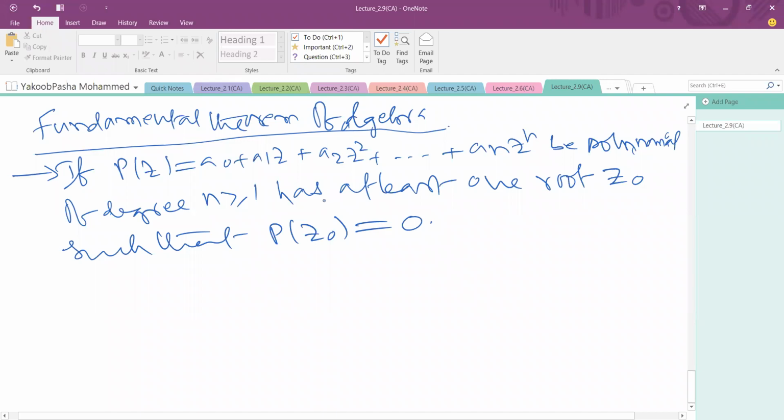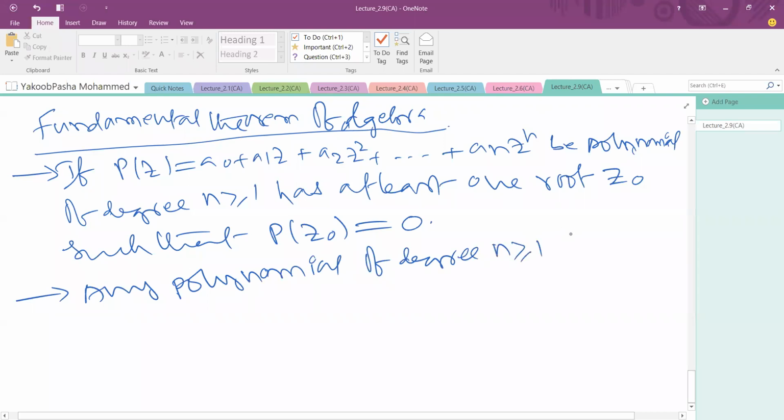Okay, so this statement is called the fundamental theorem of algebra. If we take a polynomial of degree n, it has exactly n zeros, there is no doubt. This is the application of the fundamental theorem of algebra. That means any polynomial of degree n greater than or equal to 1 has exactly n roots.